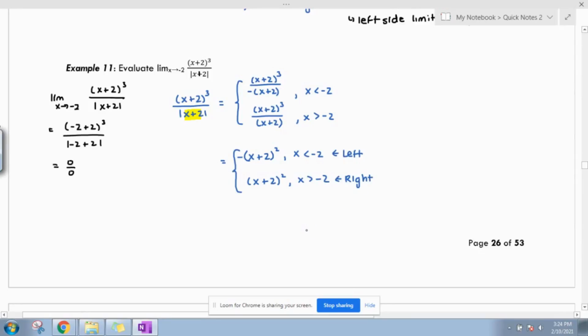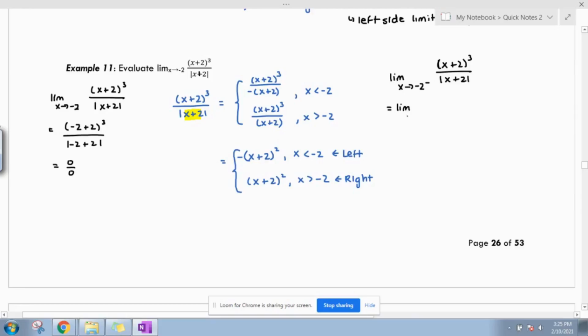So let's evaluate the left-hand limit and the right-hand limit and see if our limit exists here. So in the first case, I'm going to deal with the left-hand limit. So as x approaches -2 from the left-hand side, for x plus 2 cubed all over the absolute value of x plus 2. Since I'm coming in from the left-hand side, I'm using the function negative bracket x plus 2 squared.